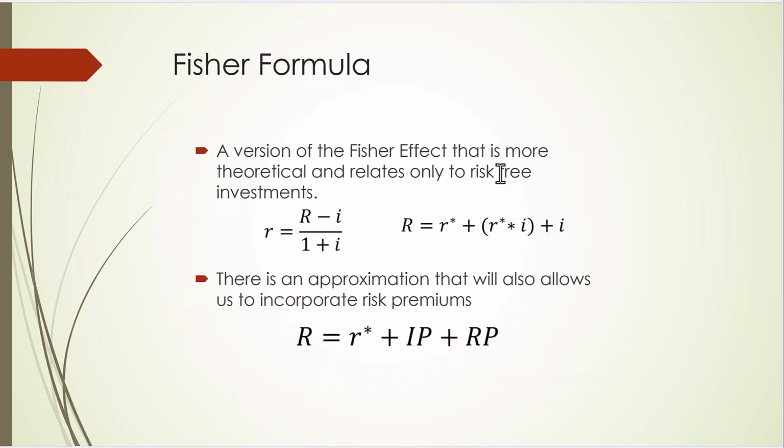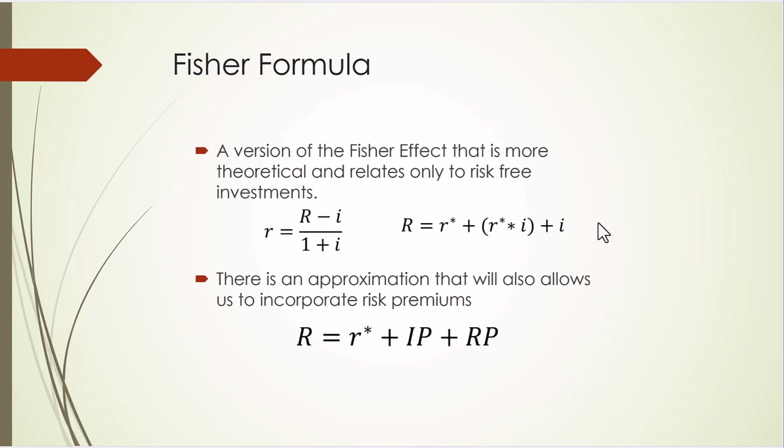So if we expand this version, here is the formula that we had a second ago to calculate the nominal rate or the real rate. The nominal rate is the real rate plus the real rate times inflation plus inflation. And this is what we refer to as the theoretical value.